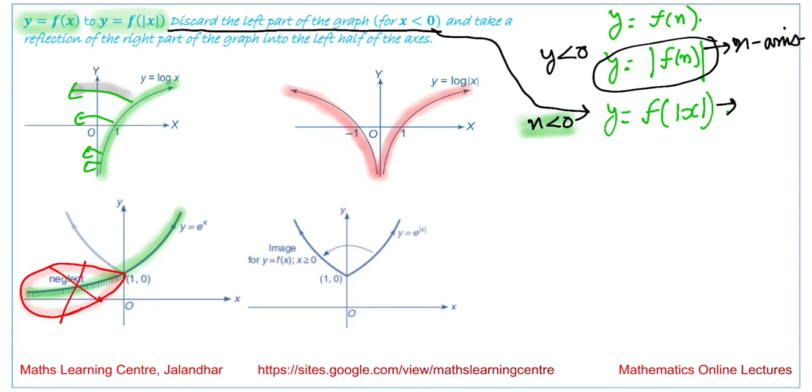Next, we take the reflection of this line along the y axis, so we obtain this portion of the graph. So this is the graph we are obtaining for y is equal to e raised to the power mod of x.